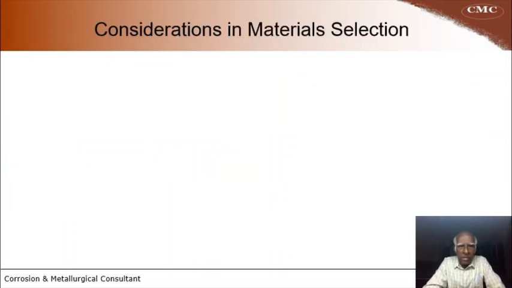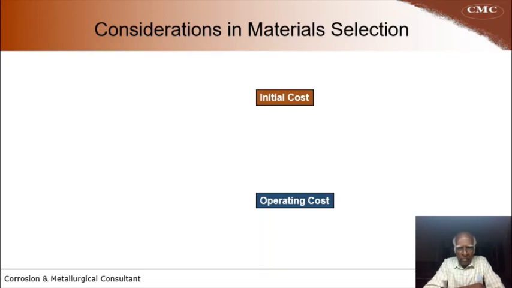There are additional considerations in material selection. There are two aspects of material selection. One is initial cost and the other one is operating cost. These two are to be considered for the final material selection.